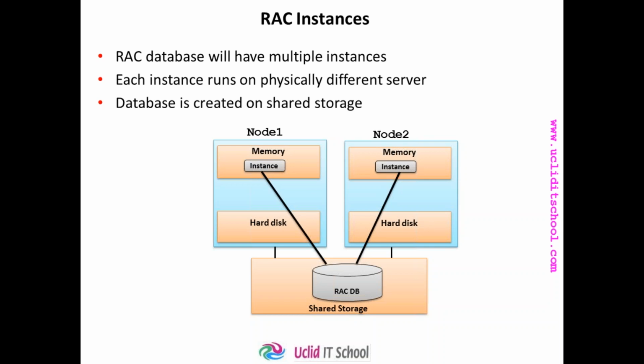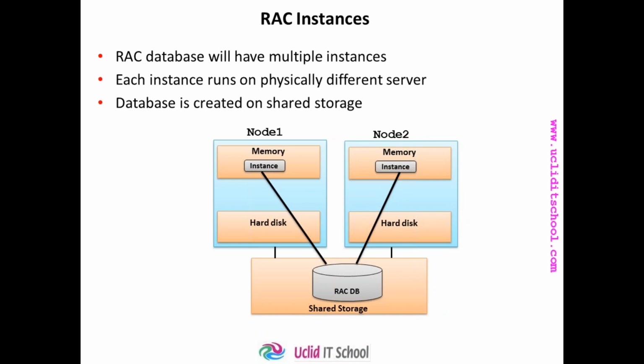Right? Now in this diagram, we have created a RAC database on the shared storage. Okay? And we have created two instances on different servers. Now, this is the typical RAC diagram. You have the database on the shared storage. You have individual instances running on different servers in the cluster.